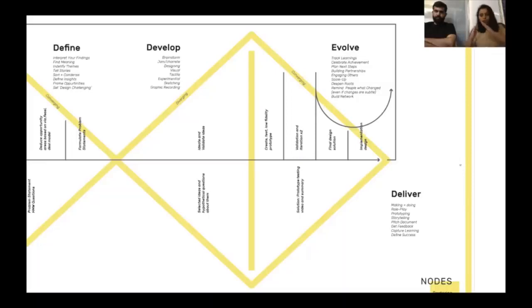You reduce your ideas down to a few. You make sure that all the ideas have the three factors of viability, feasibility, and desirability, and you start testing them rapidly by prototyping.